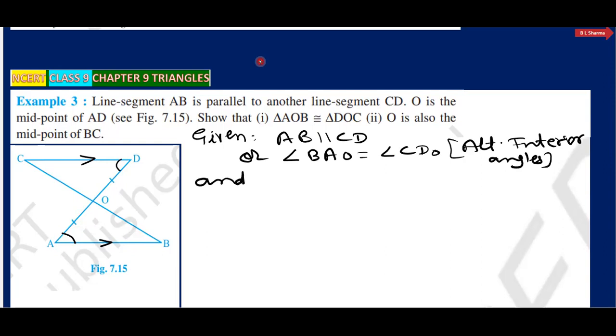And it is also given that O is the midpoint of AD. ये जो point O है, AD का midpoint है, means we can write that AO is equal to DO. This is also given.